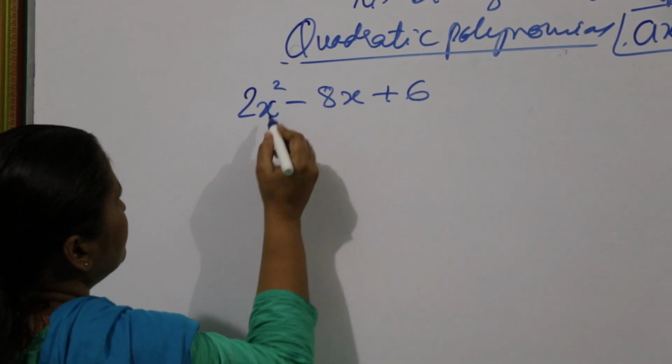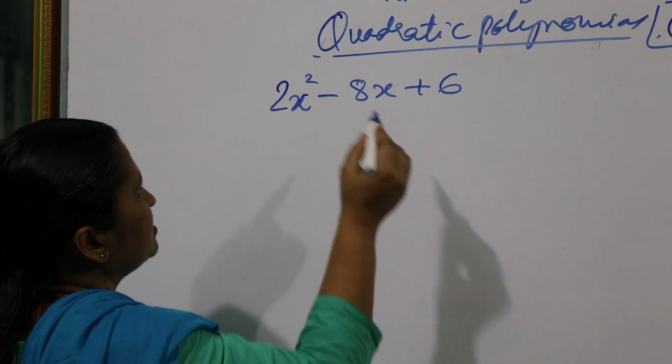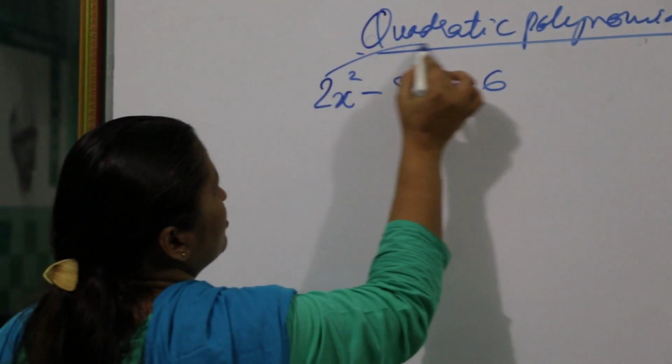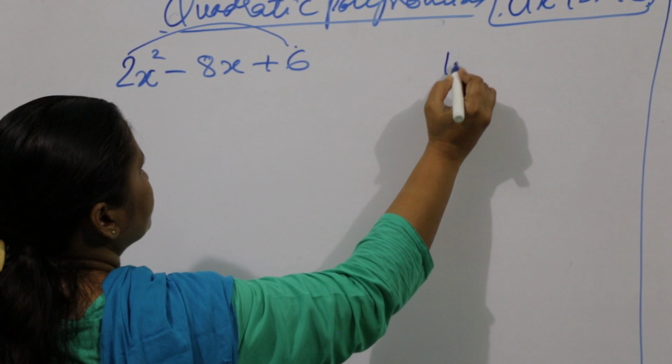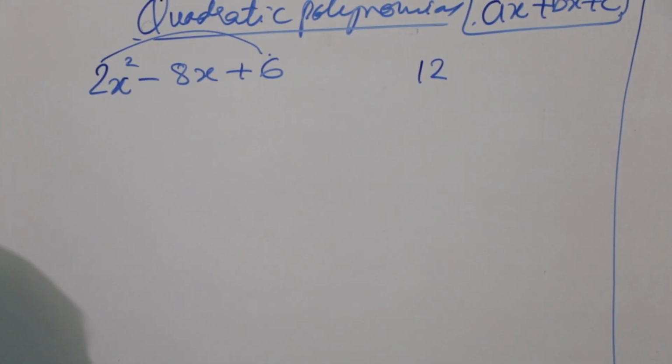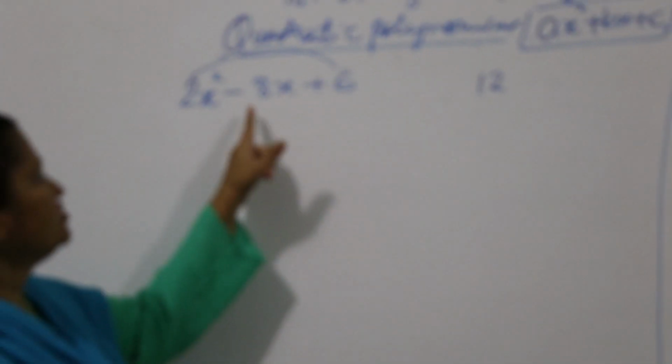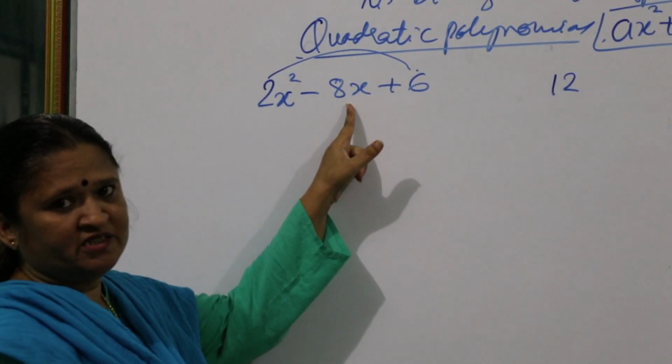Now we know how to factorize this, so just a quick review. You have 2 times 6, 12. Find factors of 12 such that by either addition or subtraction we should get 8.